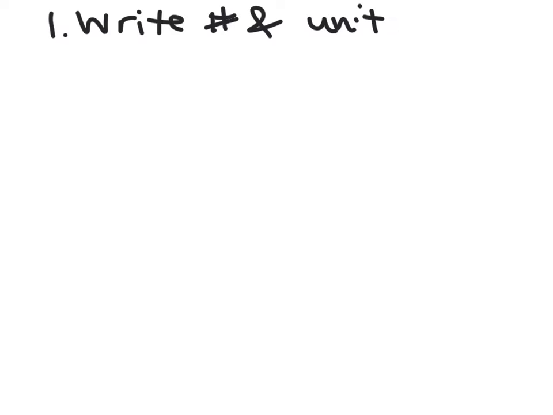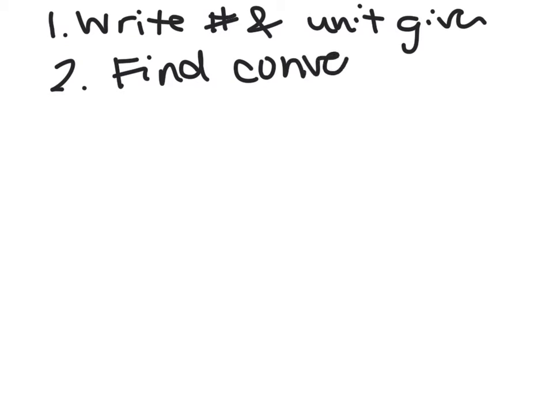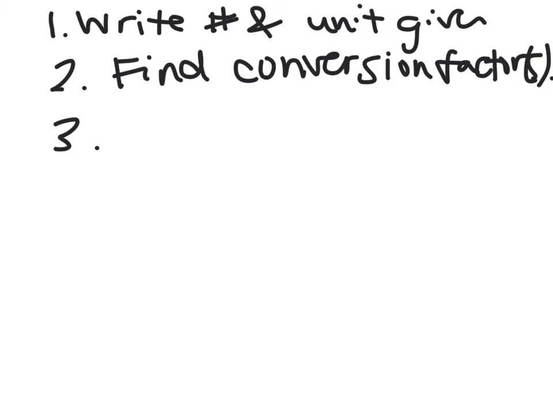There are 5 steps to solving every single dimensional analysis problem. Step number 1 is to write the number and unit you're given in the problem. Step number 2 is to find the conversion factor if it's not given to you. Step number 3 is to write both quantities as fractions.